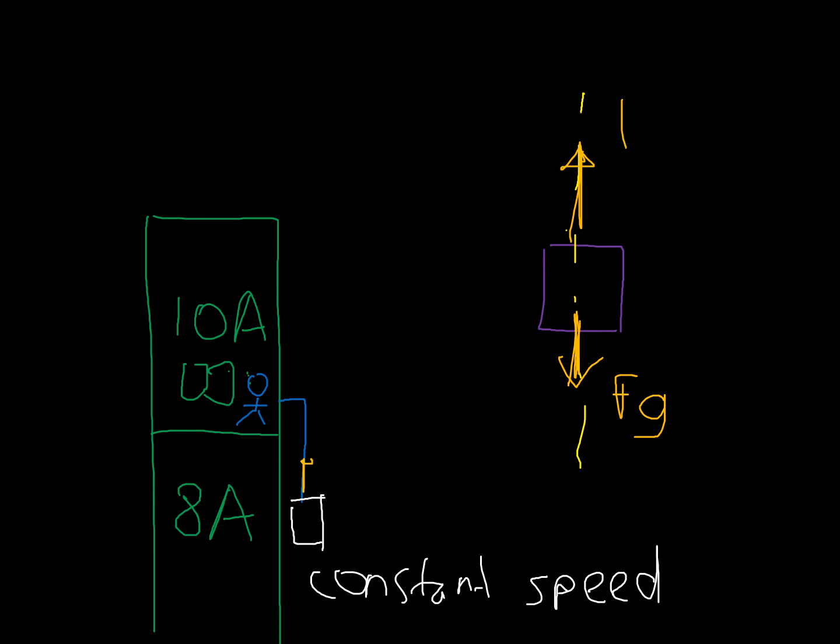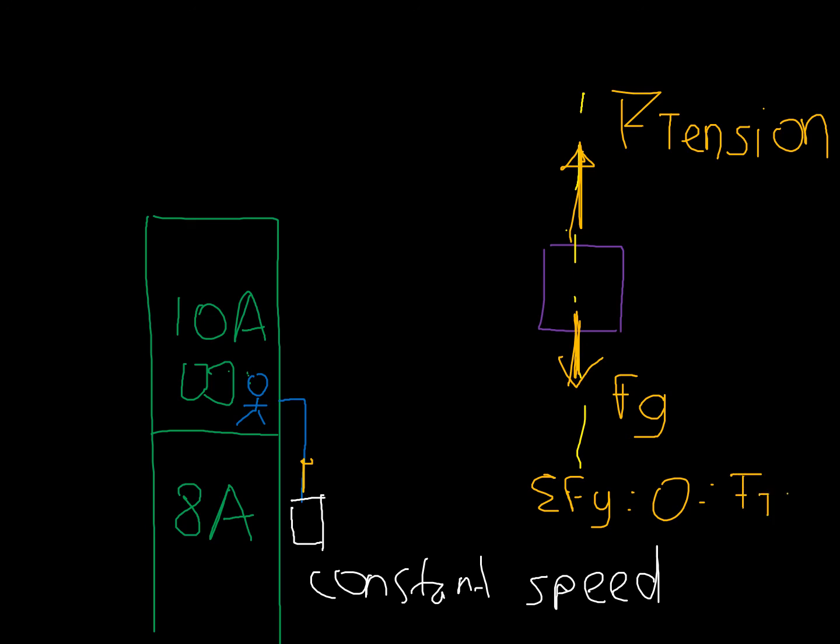So this is tension. Remember, every time you see a rope, it's tension. Because it's at a constant speed, you know that the net force in Y equals 0. So the force of tension minus the force of gravity equals 0. So they are the same. Let's say 10 newtons and 10 newtons.